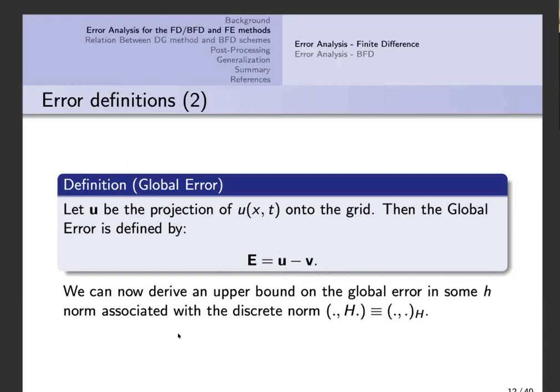So we can now derive an upper bound on the global error in some H norm associated basically with a discrete norm, and try to have an inequality.